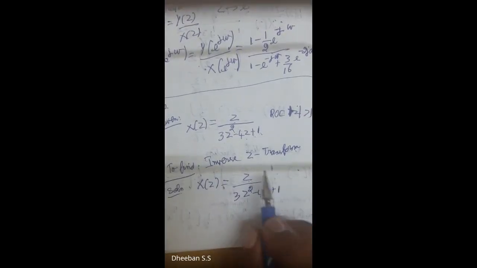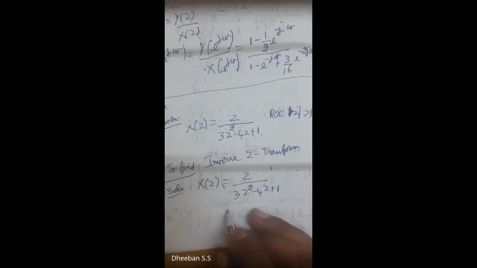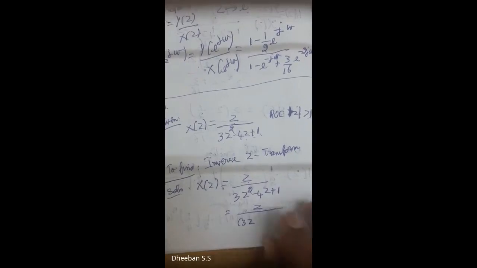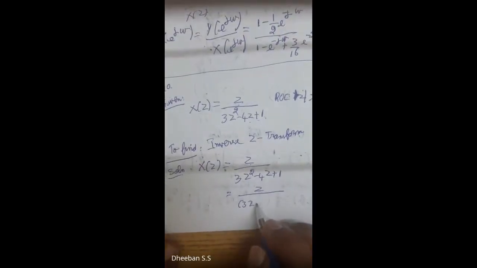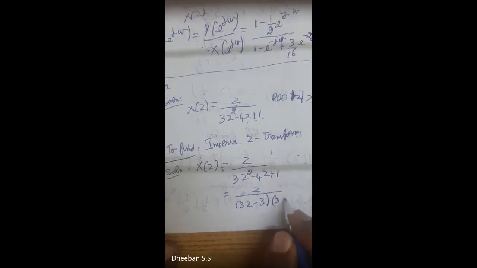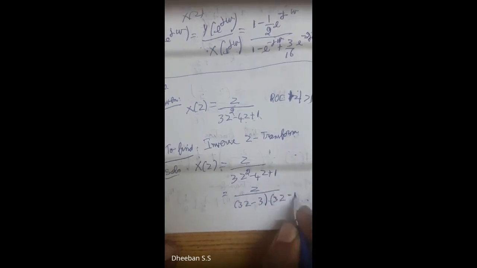Now what you have to do is factorize this. Factorizing, we will be getting z by (3z minus 3)(3z minus 1).